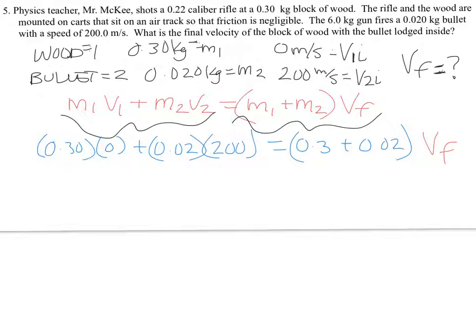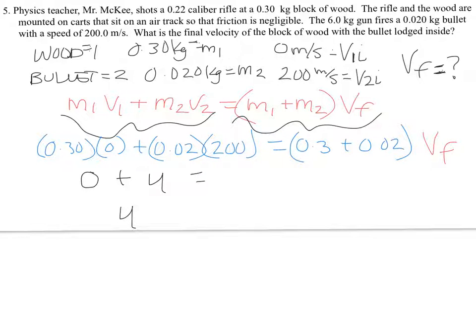Let's do a little housekeeping and algebra here. We know anything times 0 is 0, and 0.02 times 200 ends up being 4. So on the left side of the equation, the total momentum is going to be 4. That means after that bullet lodges into that wood block, there has to be a total momentum of 4 units.